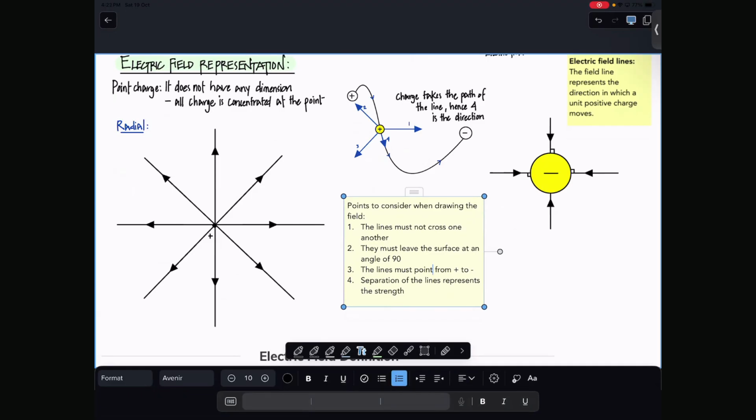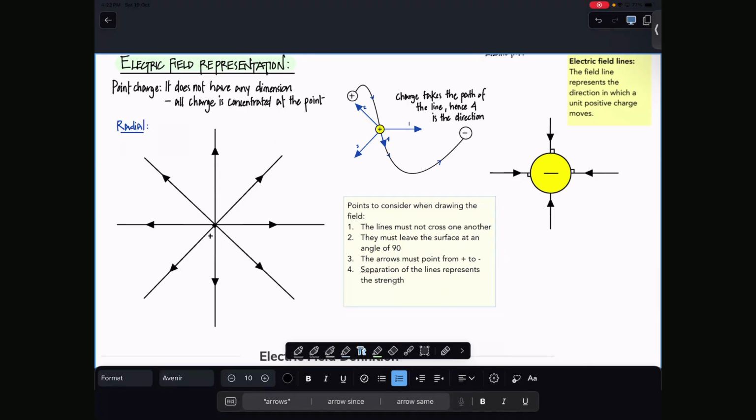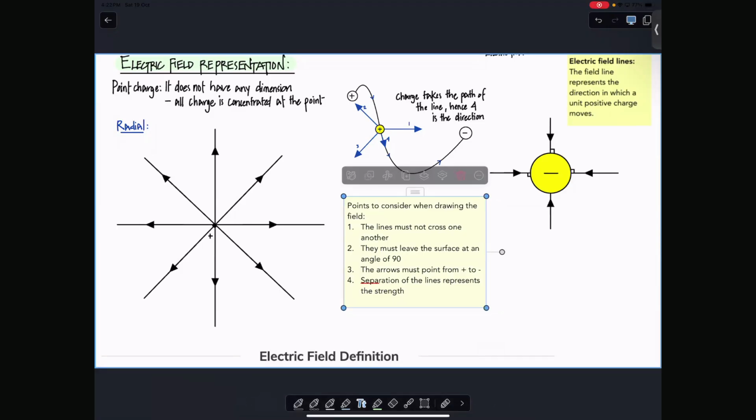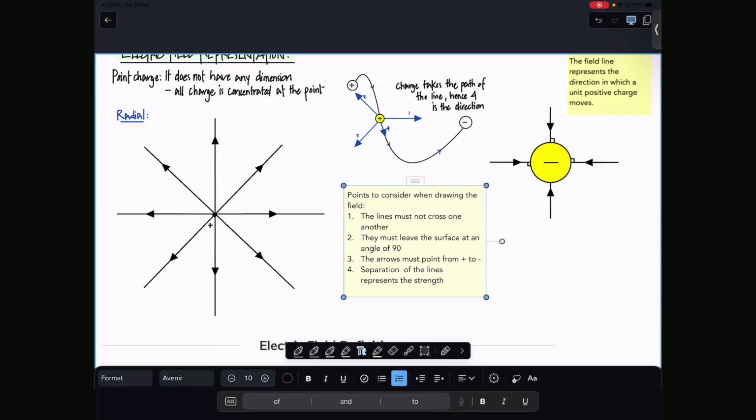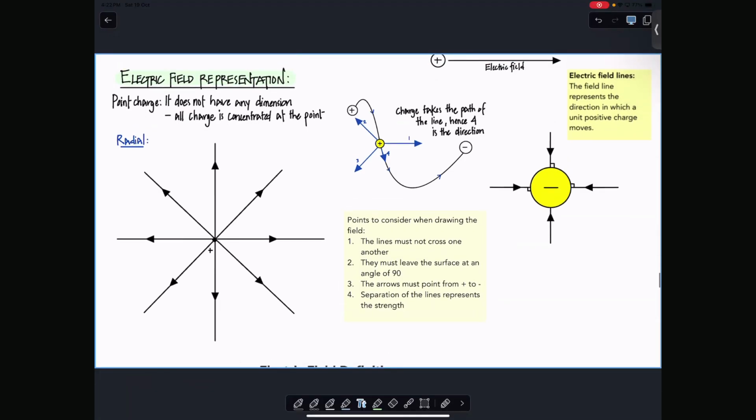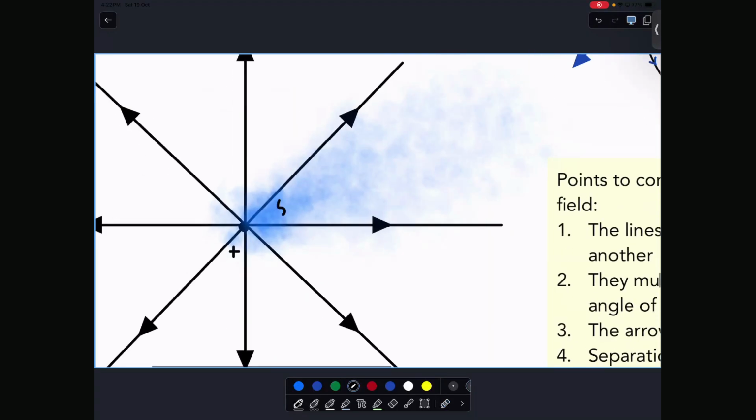I think the arrows will be better. Strong to weak.